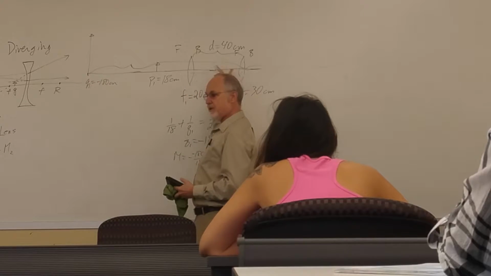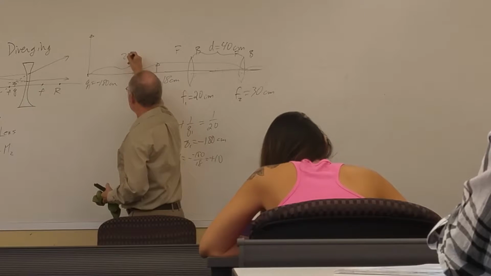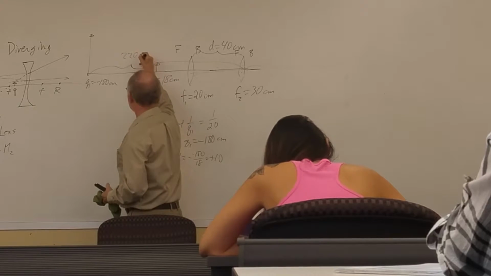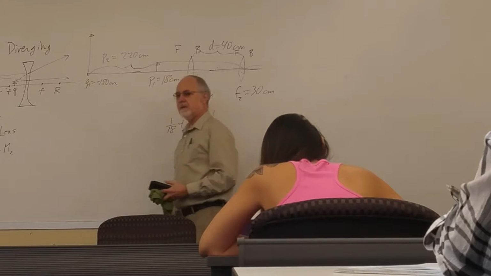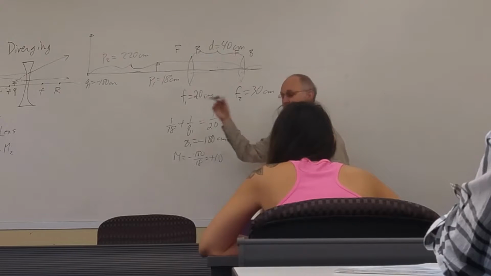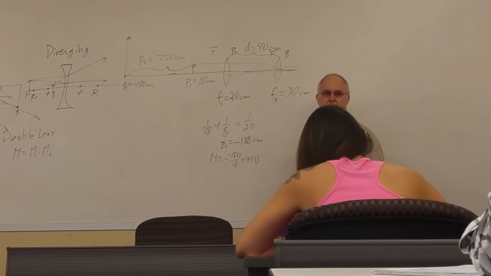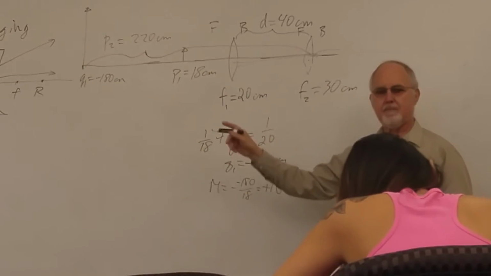And so the total distance from here to there would be 220 centimeters. So my second object is at a distance of 220. It's on the front side, so it's going to be positive. Oh, wait, don't take the negative 180 plus the 40.